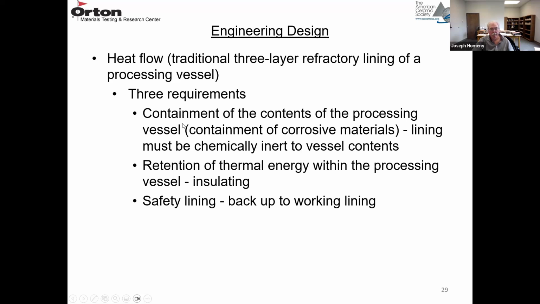So if the containment lining at the hot face has a failure, you have a backup lining right behind it. That's the safety lining. So the safety lining doesn't usually contribute a great deal to the insulation, but it is chemically inert to some extent, as the containment lining.